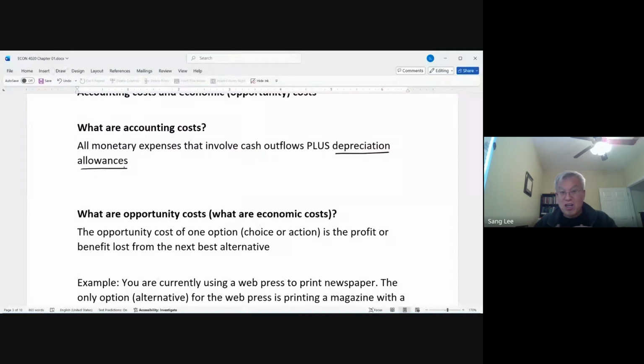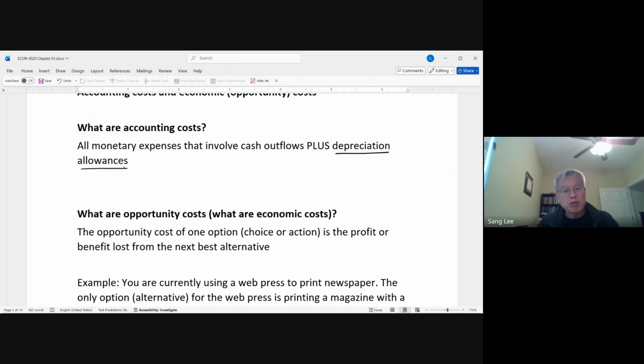Now that is a broader cost concept. That cost concept is broader than accounting cost, and we call that opportunity cost. So here, its definition is not as straightforward as that of accounting cost.